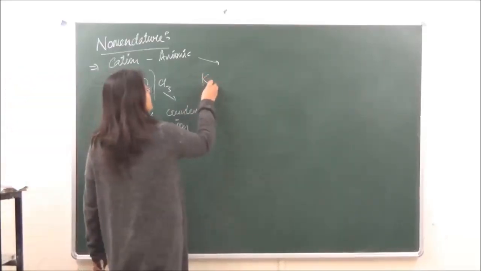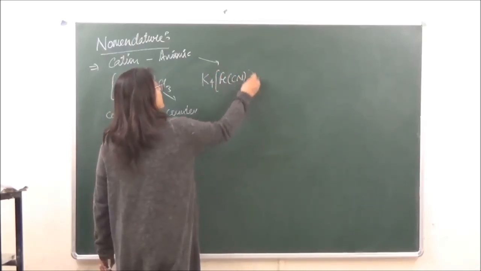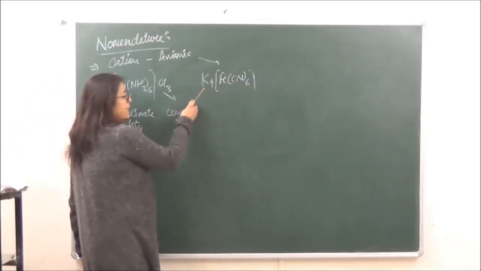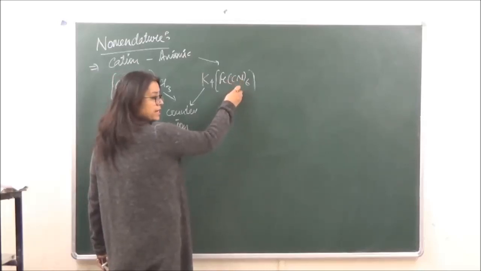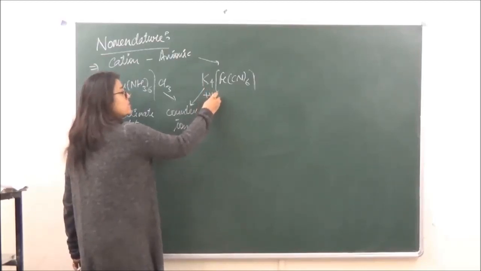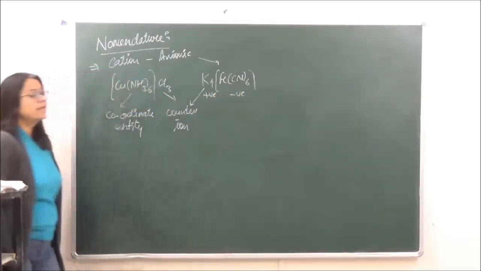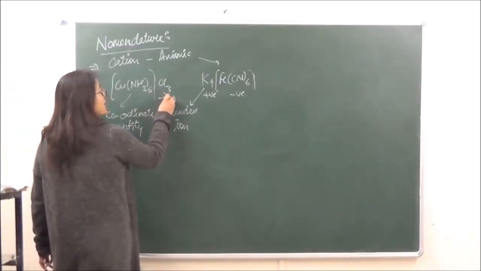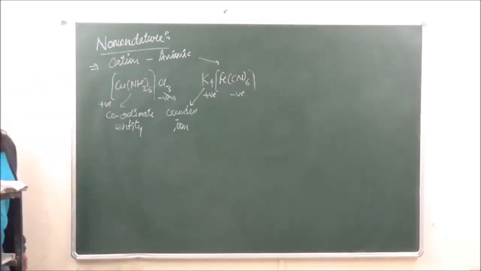For example, we are taking an example, FeCN6. Over here you can see that the counter ion is written first, and then we have the coordinate entity. So over here the counter ion is going to be positively charged, and the coordinate entity is going to be negatively charged. And over here, the counter ion is going to be negatively charged and the coordinate entity is going to be positively charged.